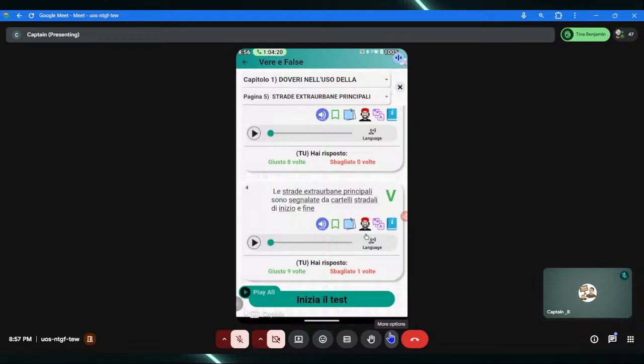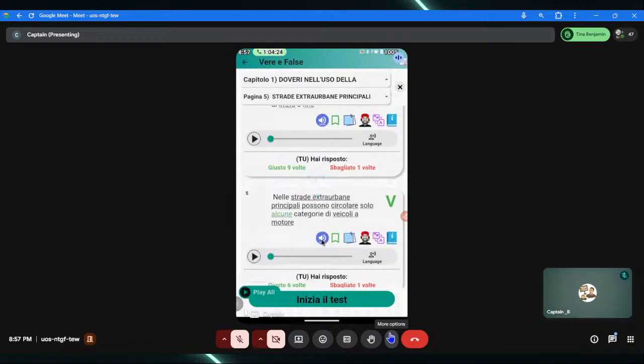All right. Number 5. Nelle strade extraurbane principali possono circolare solo alcune categorie di veicoli a motore. Attention. He said this strada extraurbana principale can circulate only some categories of vehicles with an engine.